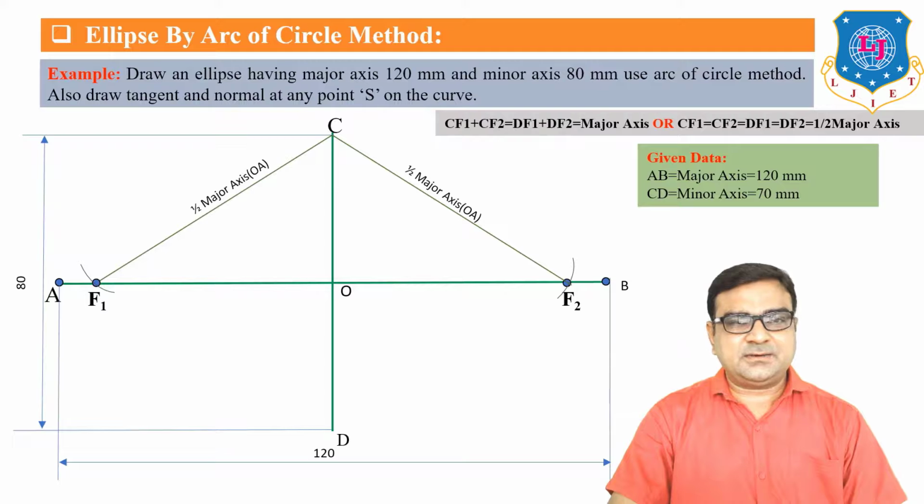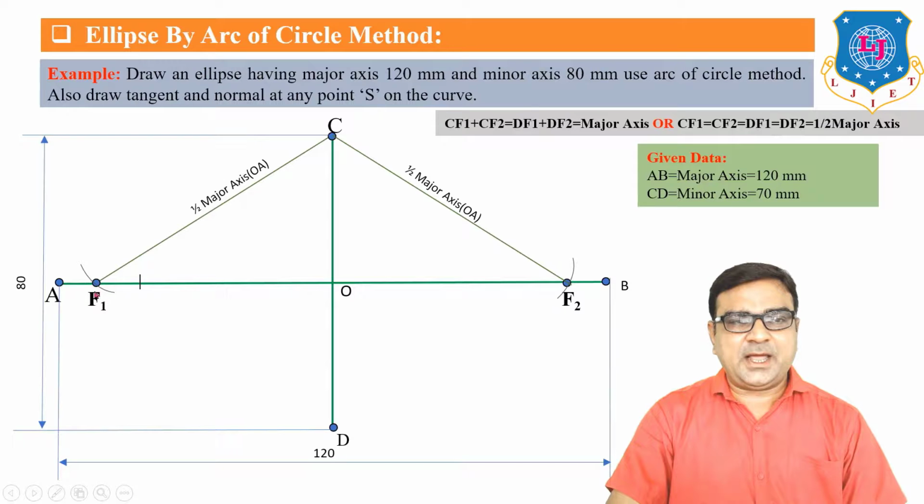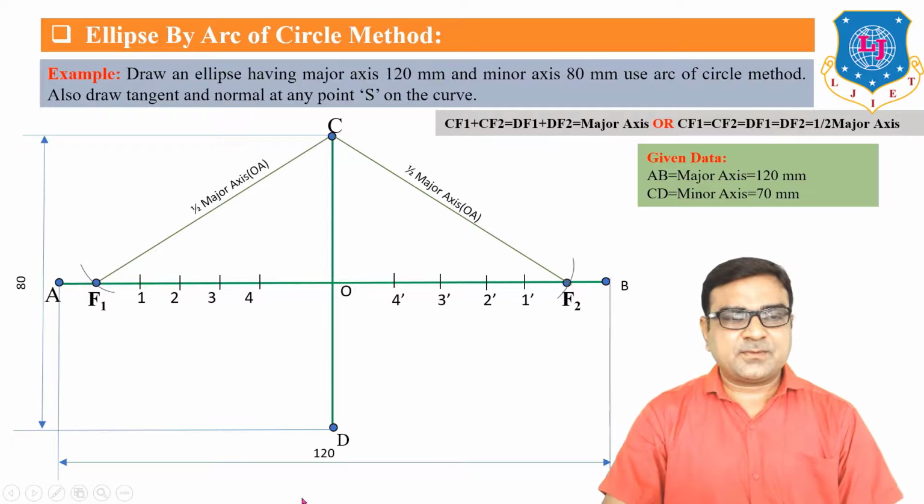Okay, at present we have two points of the ellipse, A and B. For another point, C and D. Now you can take points on this horizontal line from F1 to O. On this line you can take random points 1, 2, 3, 4 and also from F2 to O, 1 dash, 2 dash, 3 dash, 4 dash.